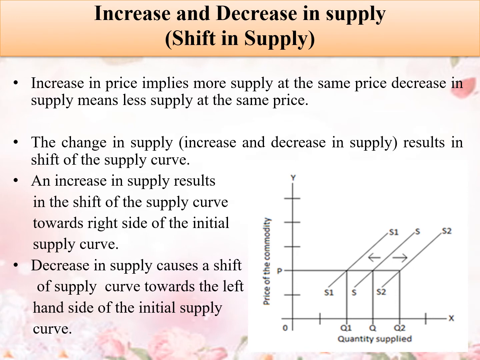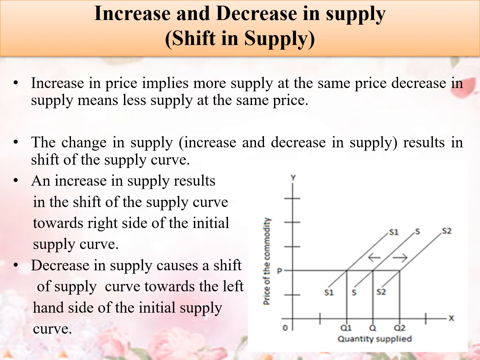Then next, a decrease in supply causes a shift of supply curve towards the left side of the initial supply curve. See in this graph, SS is the initial supply curve, S1 is the new curve which is situated on the left hand side of the initial supply curve, and that indicates the decrease in supply.